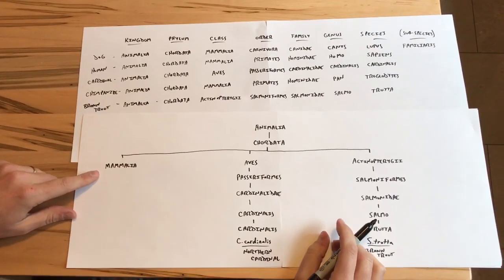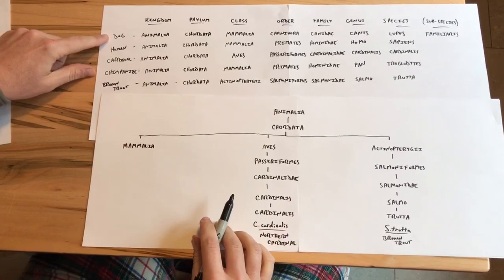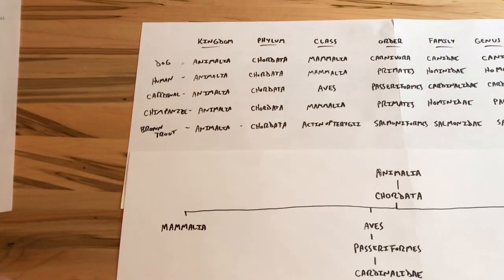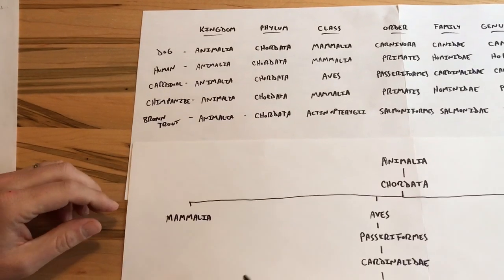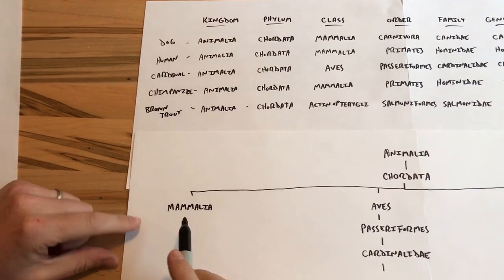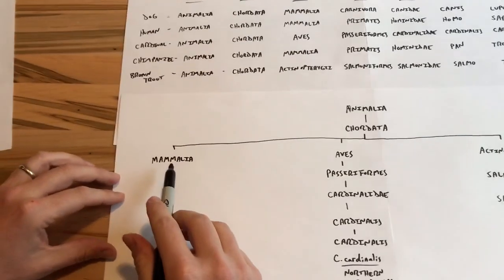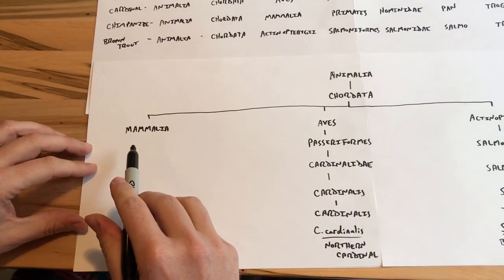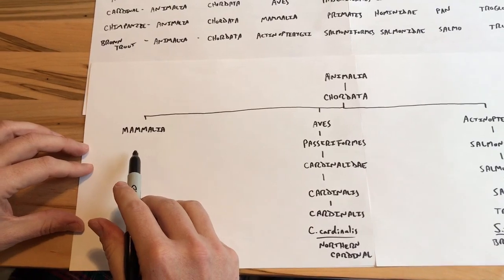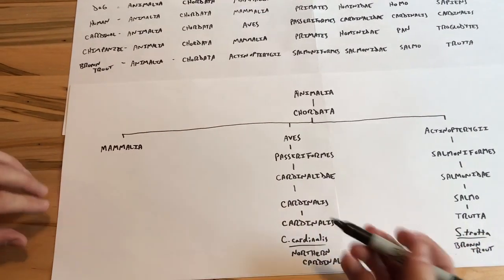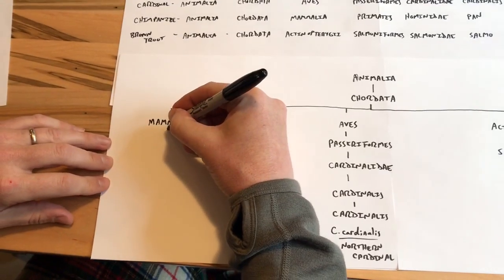They're all mammals, so all three, the dog, the human, and the chimp, are going to be in this section. Because they're all mammals, they all share this category, and so you could obviously assume that the three different mammals are going to be more closely related to each other than they would be to a bird or a fish. And again, it doesn't matter which one we do first here.